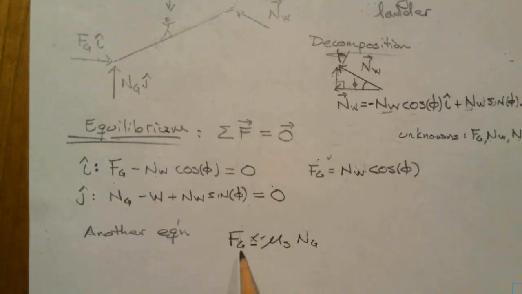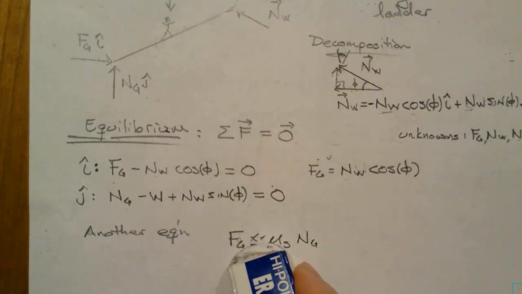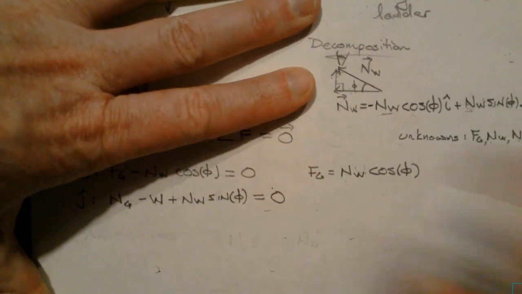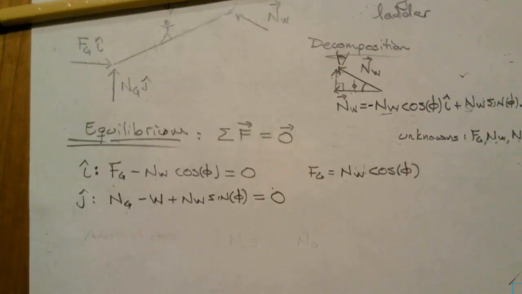So this is not going to tell us what the static friction is, even if I did know what mu s is. It's not going to tell me what the friction force is. It's going to tell me what the friction force can't be, essentially. So this is not going to work for us. So pull out the jumbo eraser again. All right, so that doesn't work.